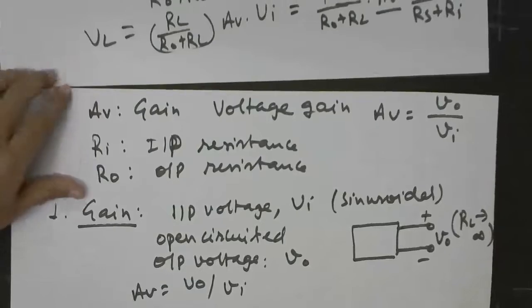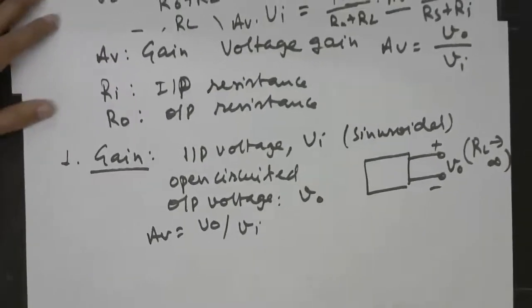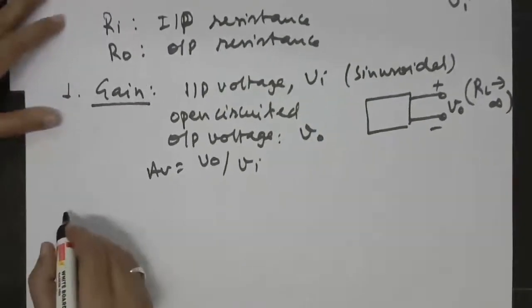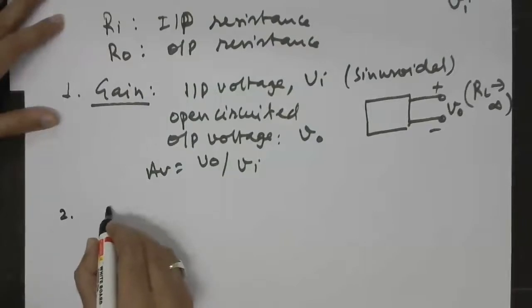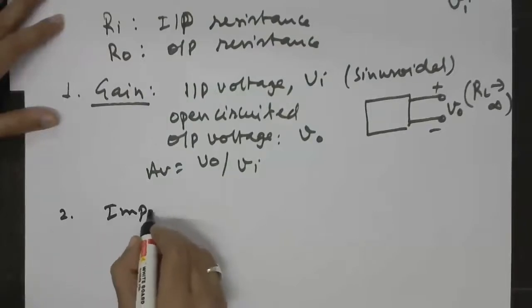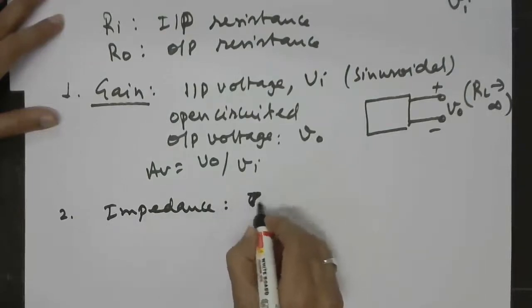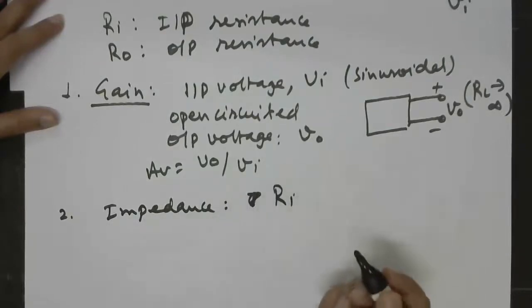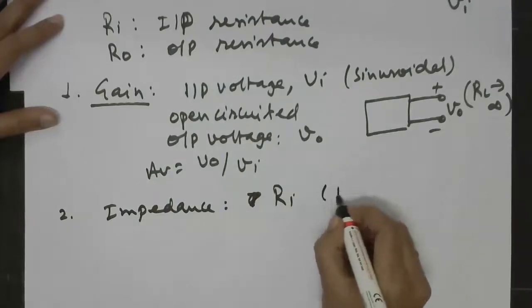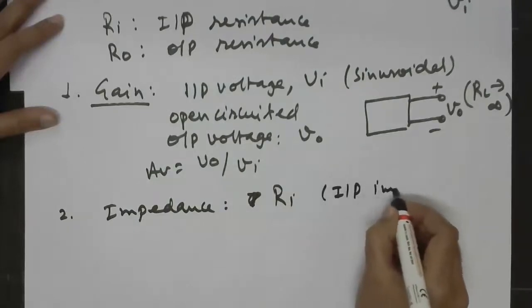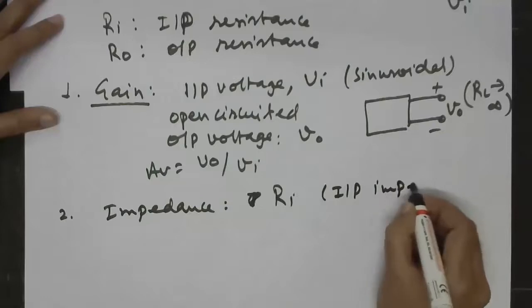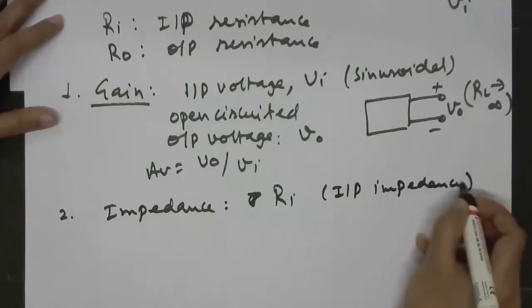Now, how do we find out the input impedance? That means Ri or Rin. So this is input impedance.